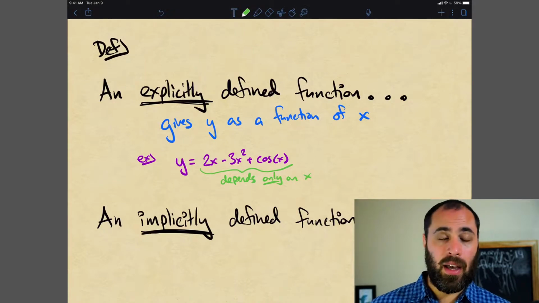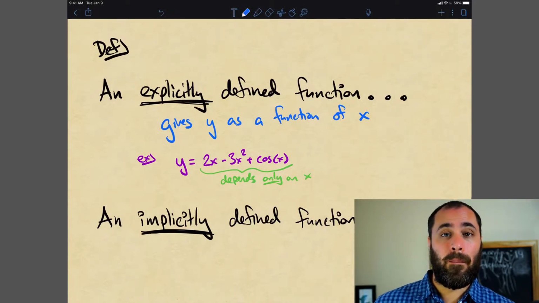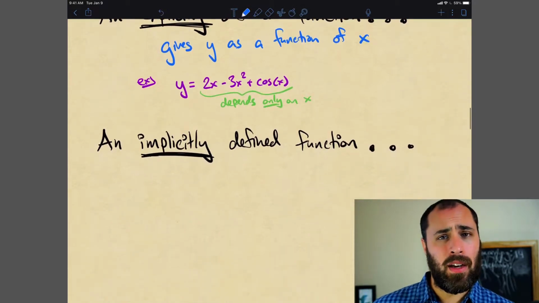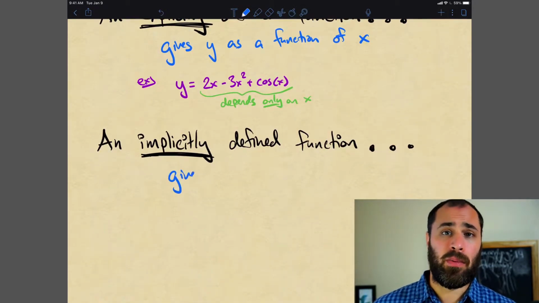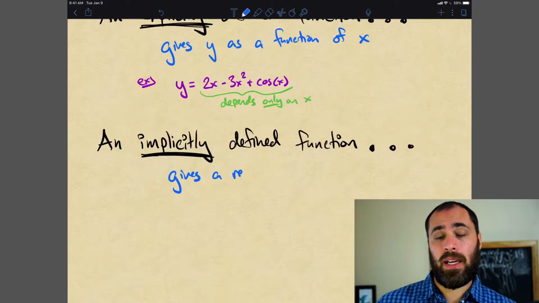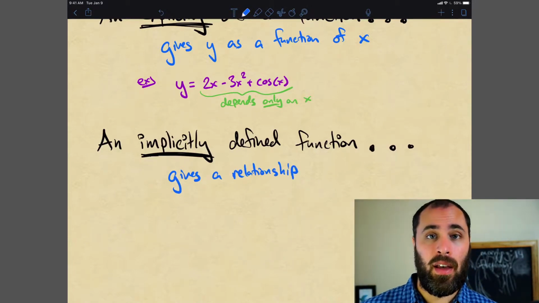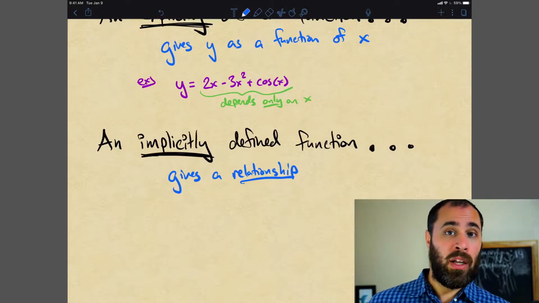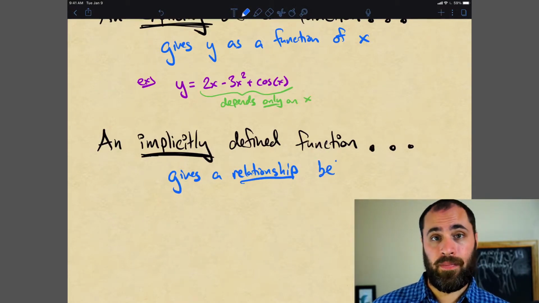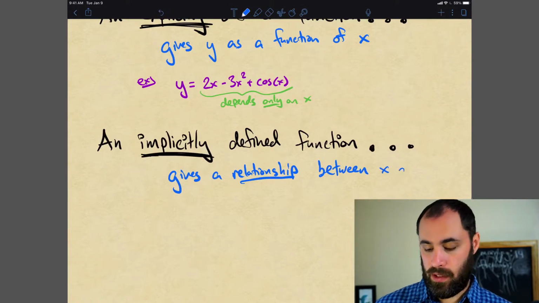On the other hand, an implicitly defined function is one where, well, maybe it's not as clear-cut, but we get just a relationship between x and y. We get some equation, possibly with x's and y's on both sides, and, well, if you want a solution, you can't change one without the other, but it's not clear how that rate of change behaves.